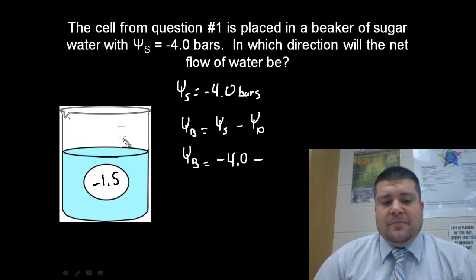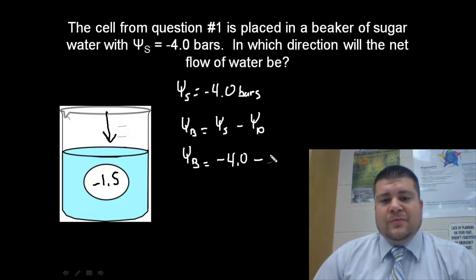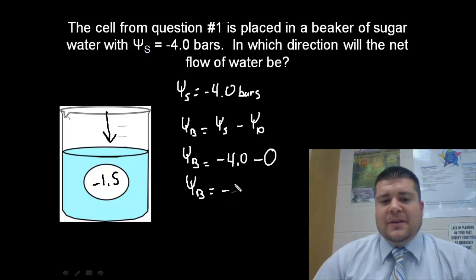Since it's placed in a beaker and we don't really have any pressure besides the atmosphere acting against the surface of the liquid, the actual pressure in bars is going to be 0. So our psi b inside the beaker is going to be negative 4.0. So outside here, it's going to be negative 4.0.